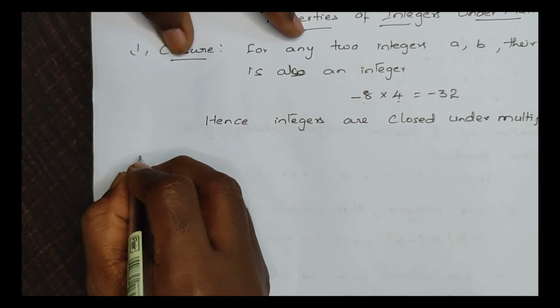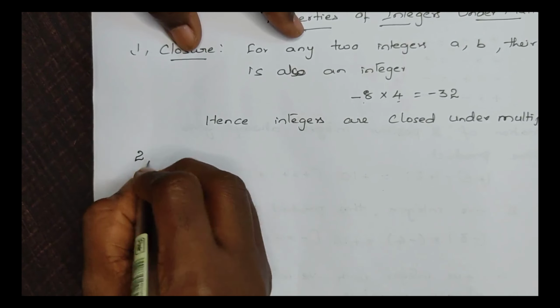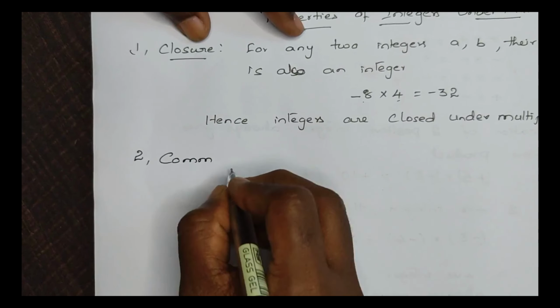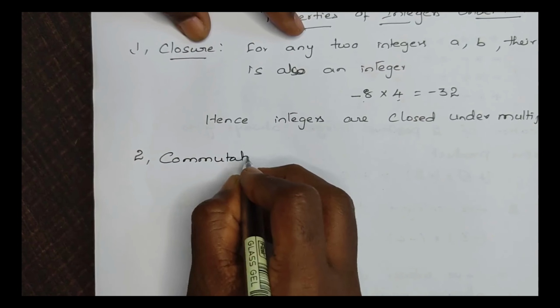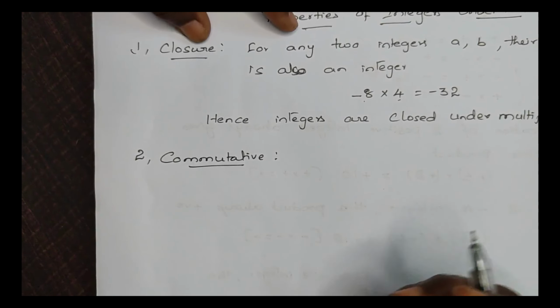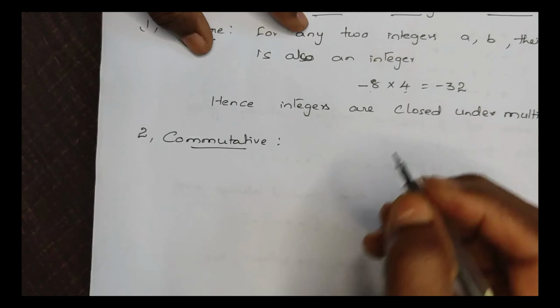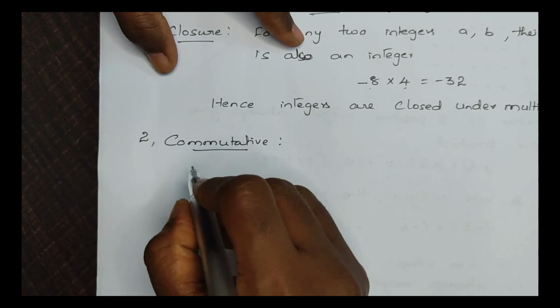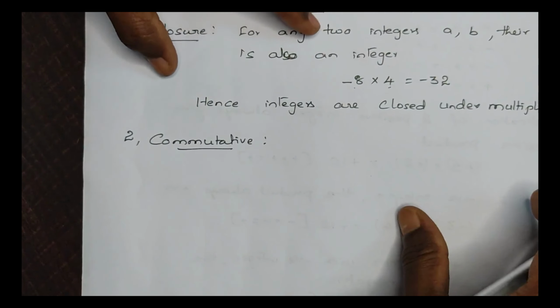Then the second one, like what we have learned under addition, we have the second property as commutative. Most of the students, when they pronounce it, always say it wrong. They use some other words, but actually we pronounce it as commutative. Clear?